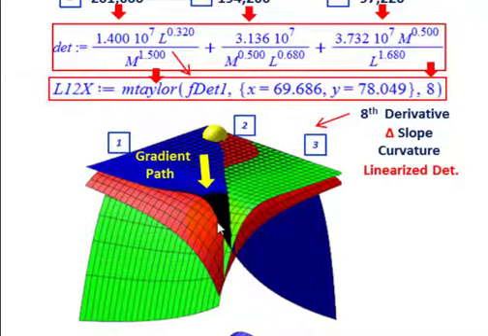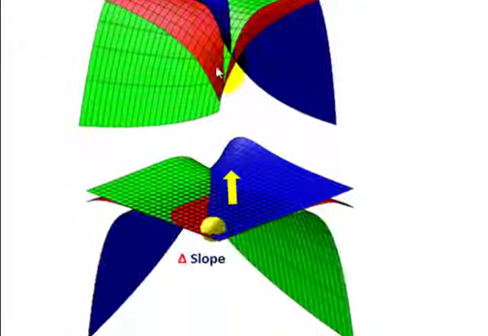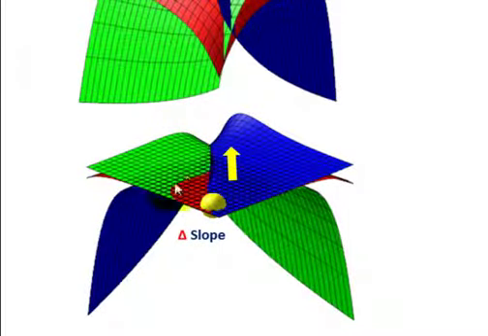Okay, so it's nice to take that function, or our determinant, and try to linearize it to see what's going on around the area we're very interested in, our gradient path. And then if we move down here, you can see the same thing. This yellow point here is our initial input, just to make a point of that.